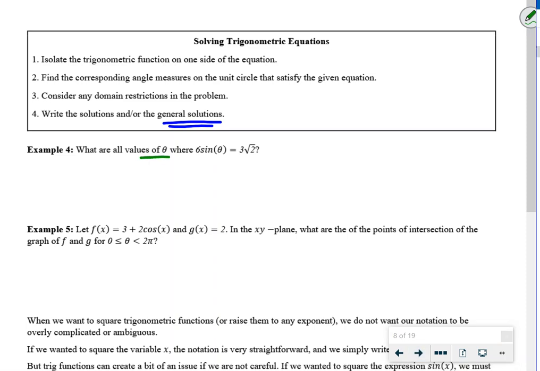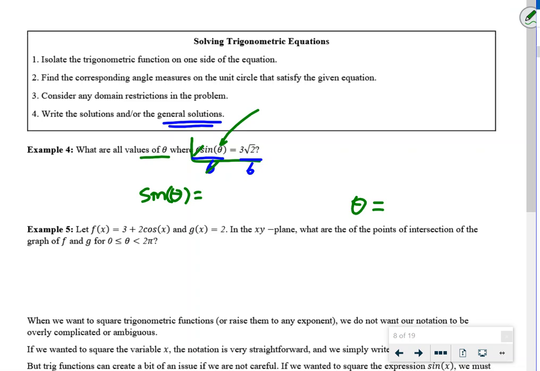What are all values of theta? Meaning I do not have any restriction on this. When you look at this one, I want to solve for theta itself eventually. But theta is inside of sine, so we need to use unit circle values. First, I don't want this 6 in front of sine, so let me divide by 6 both sides. Meaning 6 cancels out, and I'm getting sine of theta equals 3 radical 2 over 6.